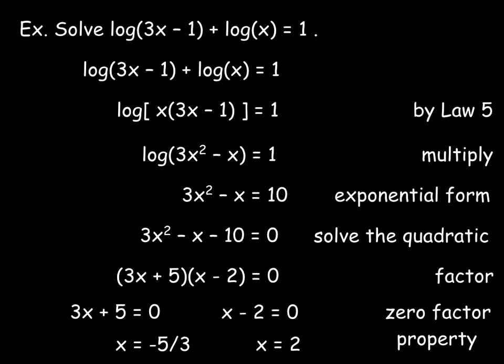Looking at the original equation and the two expressions, we see that the log of 3x minus 1 restricts the domain to positive reals greater than 1/3. Negative 5/3 is not part of the domain. It cannot be a solution to the original equation. So our only solution is x equal to 2.